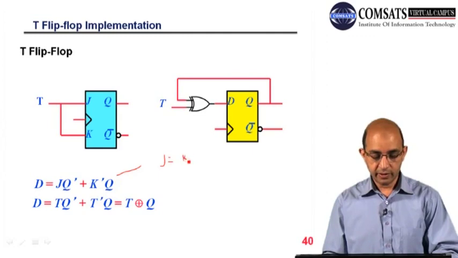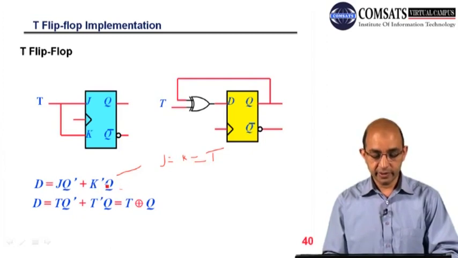You can see we have T at both of the inputs J and K, so mathematically I can place J is equal to K is equal to T.